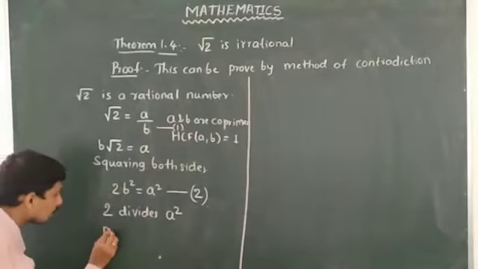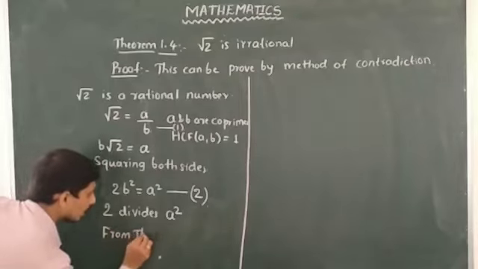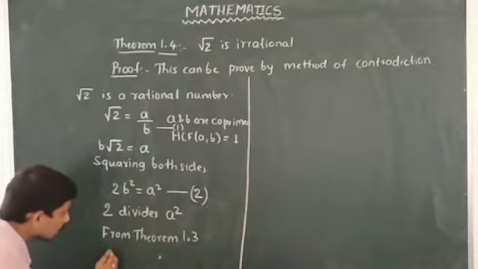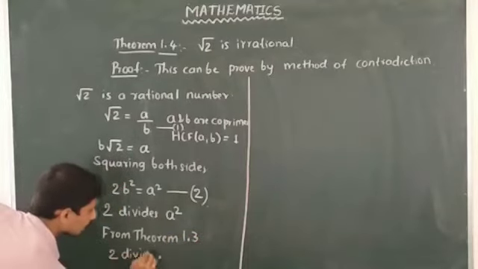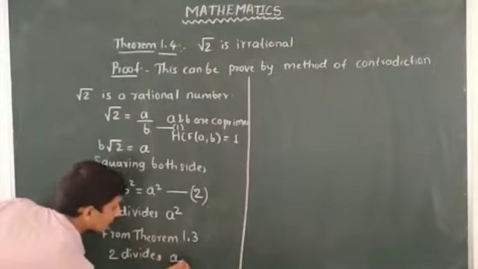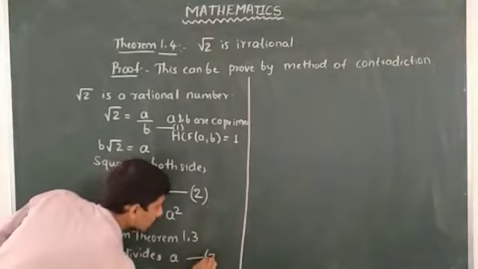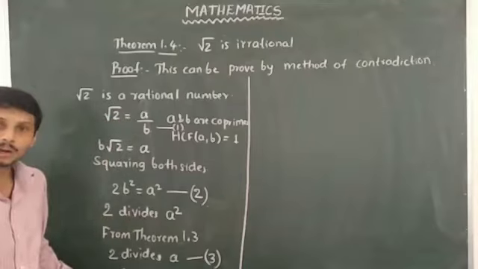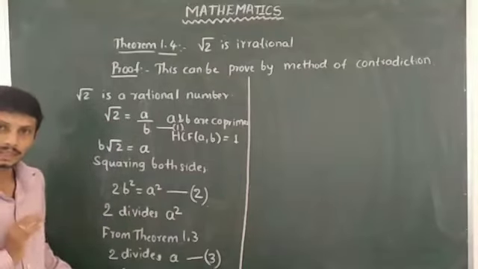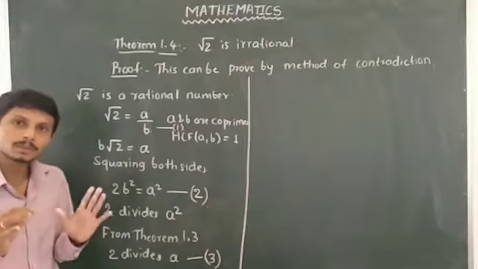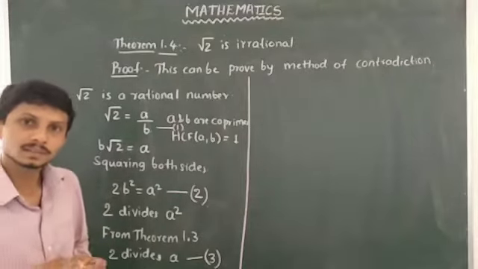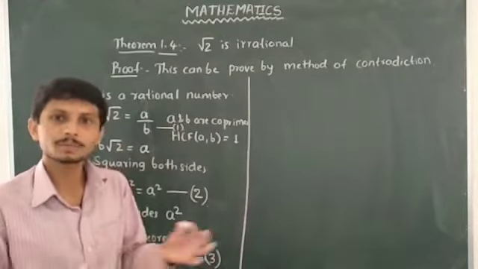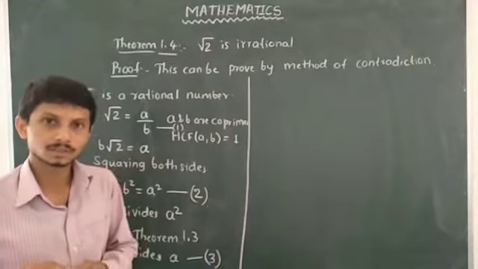That means from Theorem 1.3, 2 divides a. This is equation number 3. So from this we got that 2 divides a. If 2 divides a, let us take any other positive integer c from the set of integers.